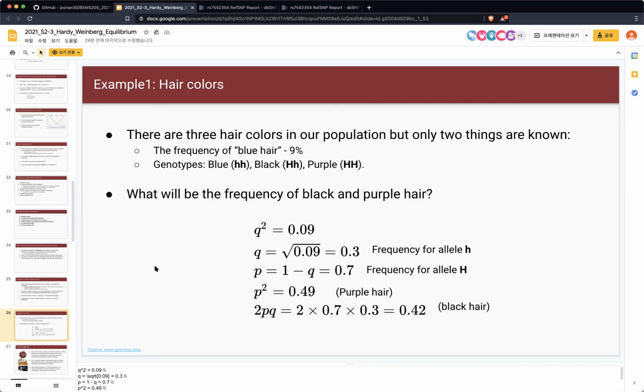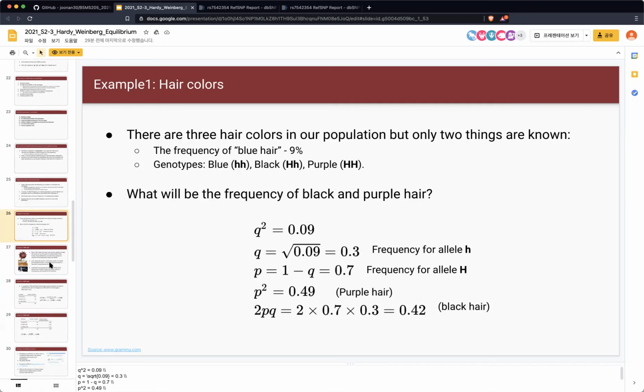And then we can calculate the frequency of black and purple hair according to Hardy-Weinberg equilibrium, and that is quite easy, right? Because this is an easy mathematical question, right?